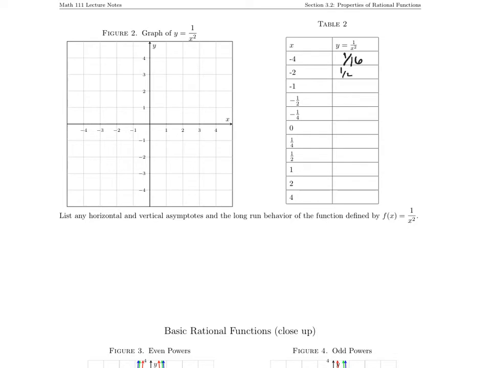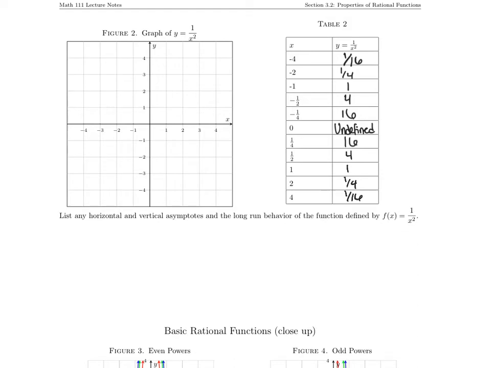We'll also get negative 1/4, positive 1, 4, and 16 here. And then no matter what, if you plug in 0, 0 squared is still 0. So that's going to be undefined. If I plug in a 1/4, that's going to give me 16, 4, 1, 1/4, and 1/16 again.